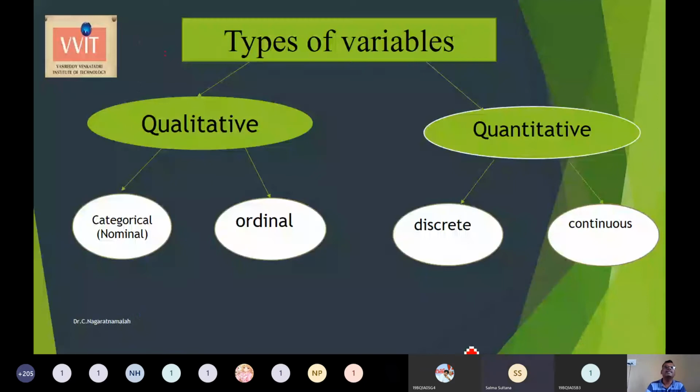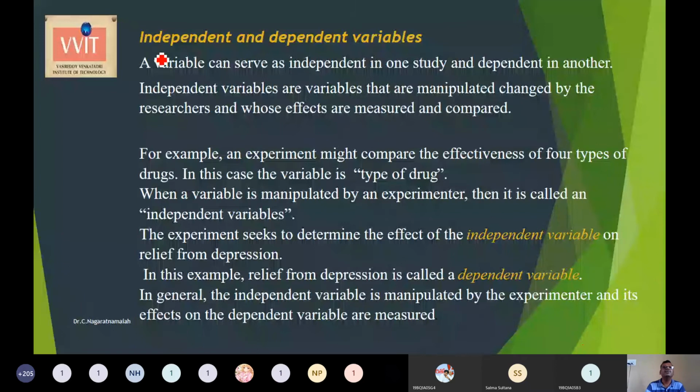First, we have to define the independent variable and dependent variable. A variable can serve as independent in one study, and it may be dependent in another case also. That is very important.